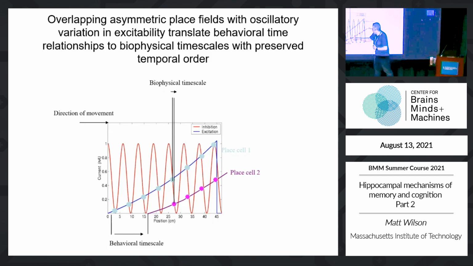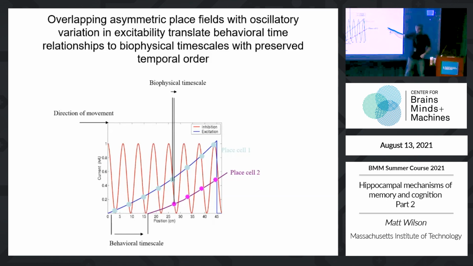What you see here is that because the input has been spatially offset, the blue cell will always fire before the purple cell. Place cell 1 will always fire before place cell 2 on every theta cycle. So phase precession for single cells translates into theta sequences across cells.